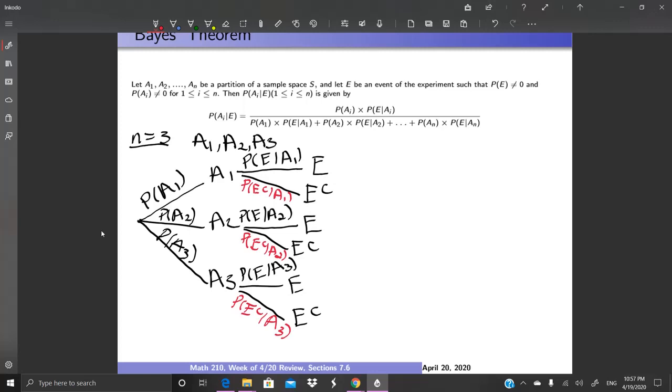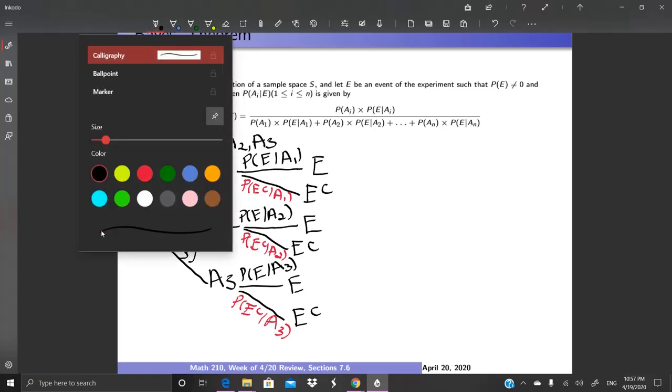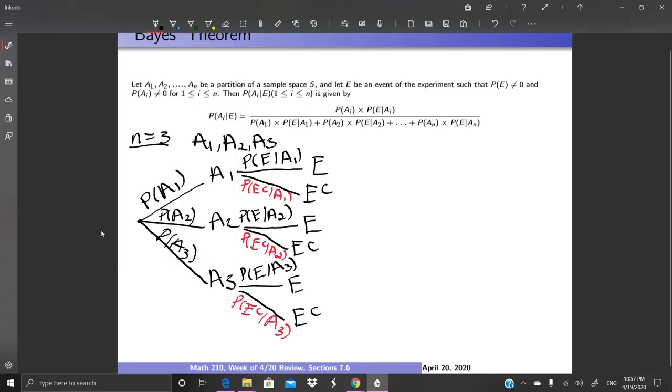But this is your tree diagram. There you got it. Okay, cool. So now, how do we use this in order to find, let's say, the probability of A2 given E? So we want to essentially come up with this formula right here when i is equal to 2. And let's see if we can get it from this tree diagram.